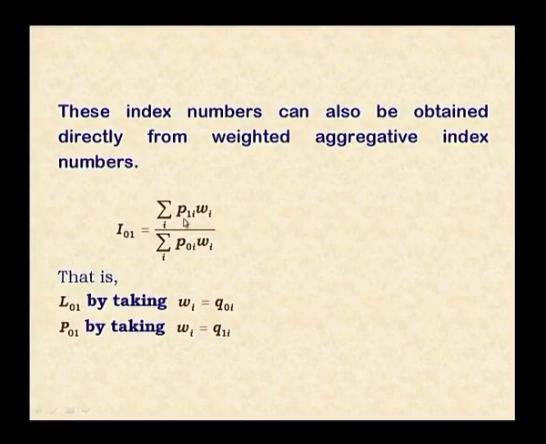As we know, P1i is the price of the ith commodity in the current year, whereas P0i is the price of the ith commodity in the base year. So, for the Laspeyres method, if I take Wi equal to Q0i, it gives me the Laspeyres formula of index number, and when I take the value of Wi as Q1i, we see that it gives me Paasche's index number.